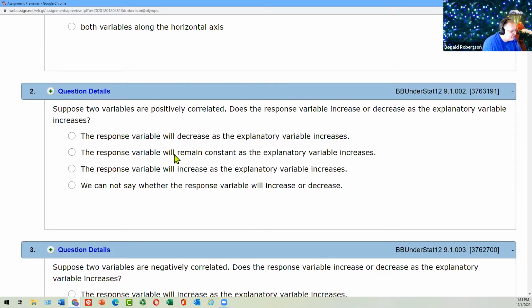As the x increases, doesn't the y increase? So that will become: as the response variable increases, so does the explanatory one. I would phrase it the other way around, but I didn't have a choice.